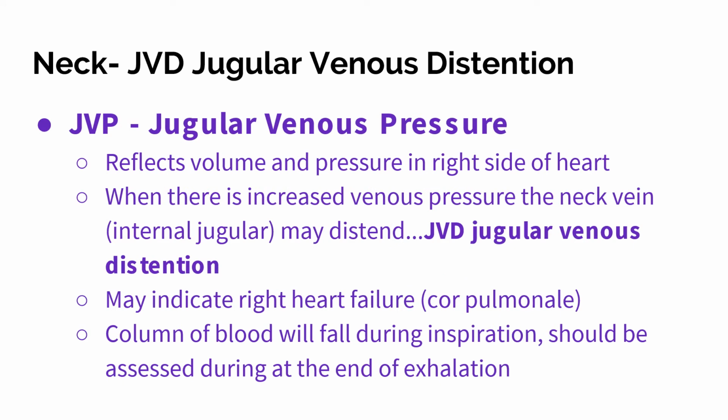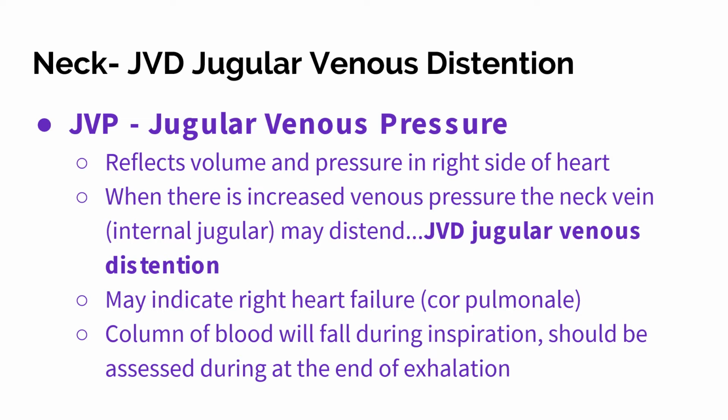The other thing that you look for is jugular venous distension, which is caused from jugular venous pressure. Basically, it's reflecting the volume and the pressure in the right side of the heart. So when there's increased venous pressure, these neck veins, like your internal jugular, might distend. So it's called JVD, jugular venous distension.